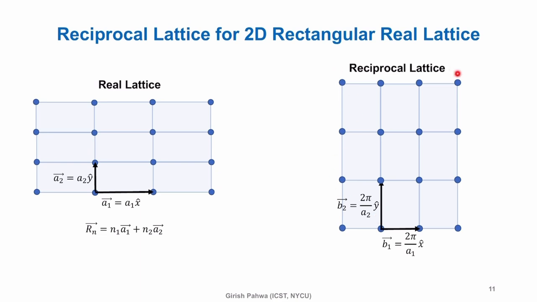And what will be the reciprocal vector? Like I have in the real lattice the vector r, I can have another vector corresponding to this in the reciprocal lattice. I mean, it's a lattice, right? In a lattice, you can represent any point in the form of integral multiples of these primitive vectors, right? So what will be the reciprocal lattice vector?